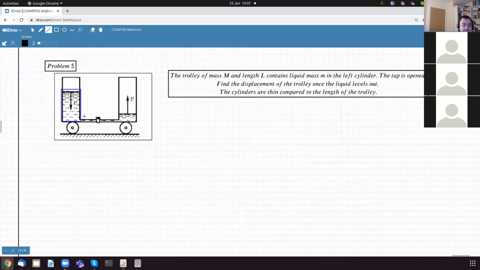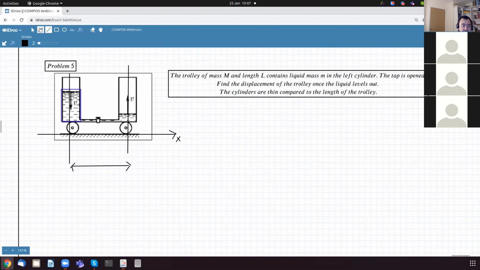And to use centers of mass, we are going to draw the x-axis. And for simplicity, I'm going to say that this is 0. This is the length of the trolley, L. Now the cylinders are small, so we consider them at the edges of the trolley.